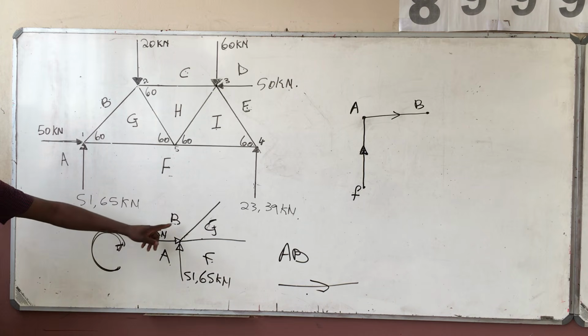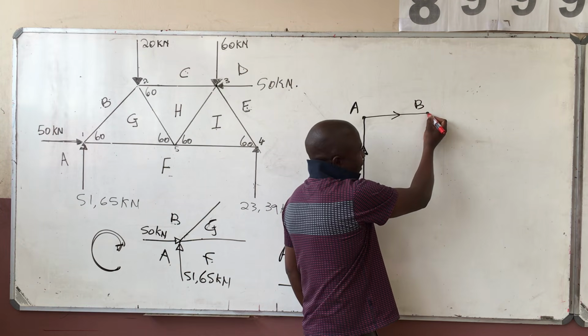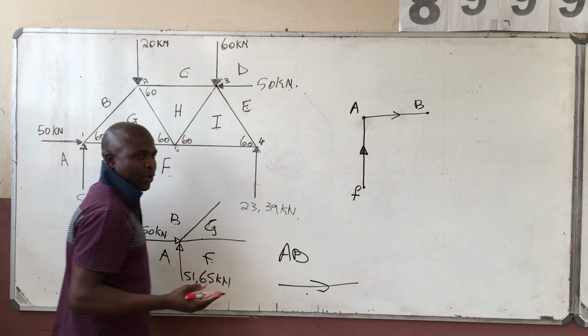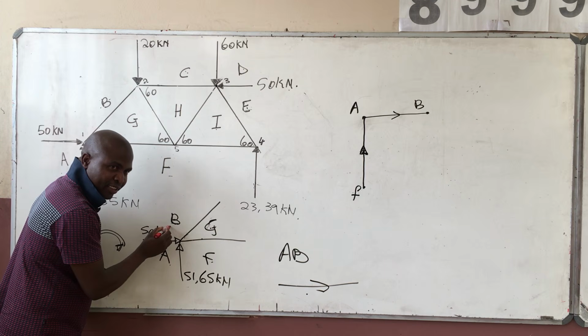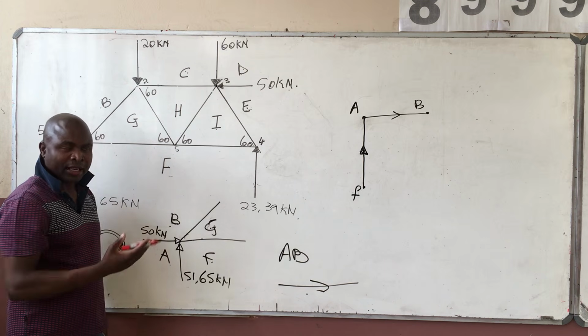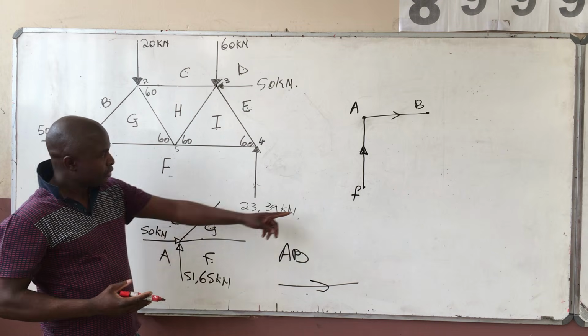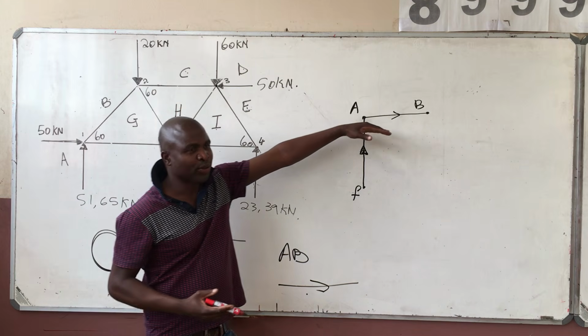So, okay, BG. We already have B, but we do not know where G is. So at B is where we should draw BG. And BG is diagonal. You draw it the way it is. This one was vertical up, horizontal. This is also horizontal.